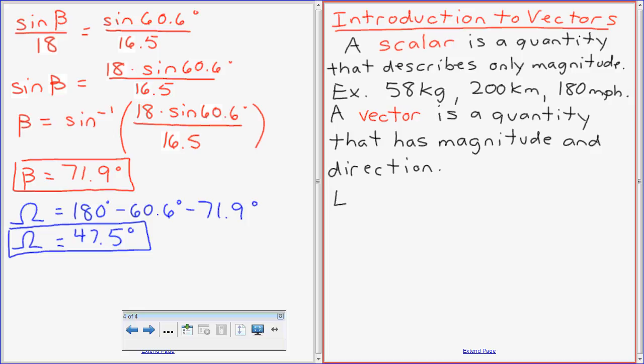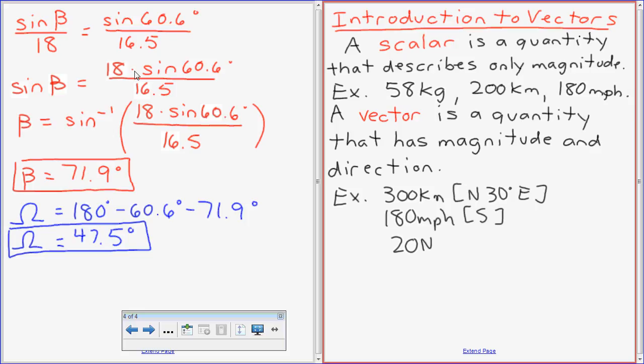Okay, examples are 300 kilometers north 30 degrees east, 180 miles per hour south, 20 newtons down.